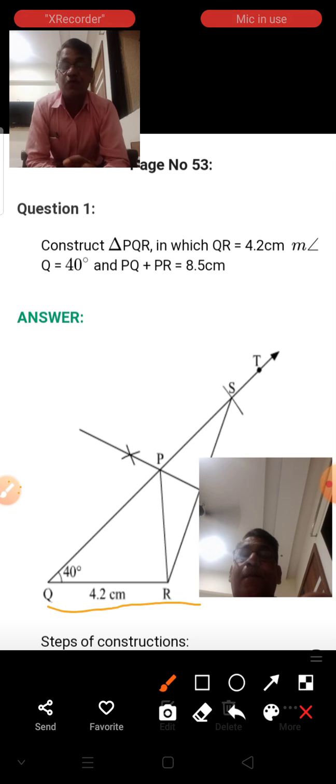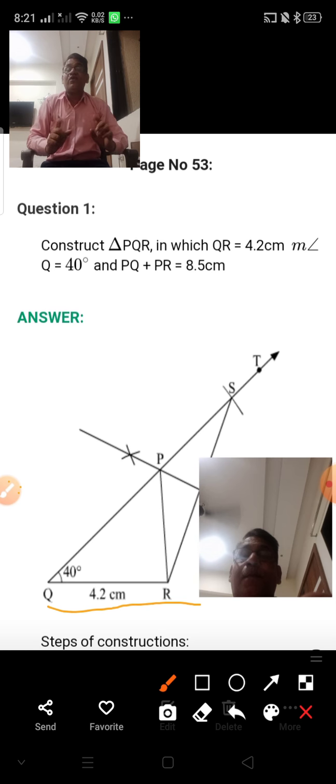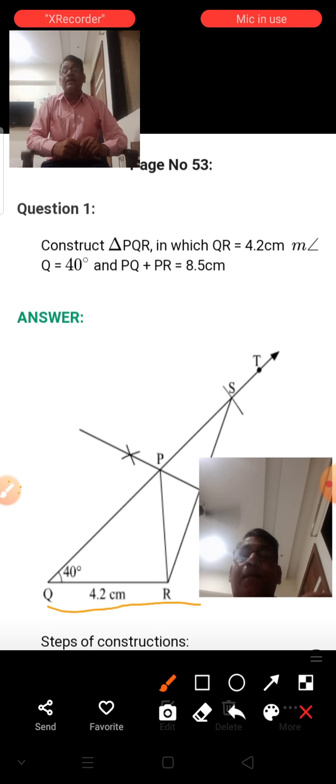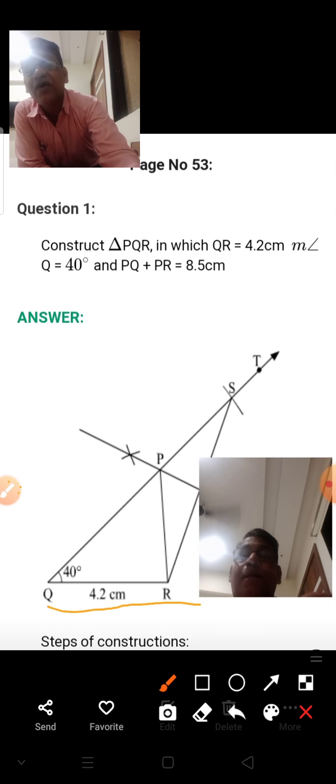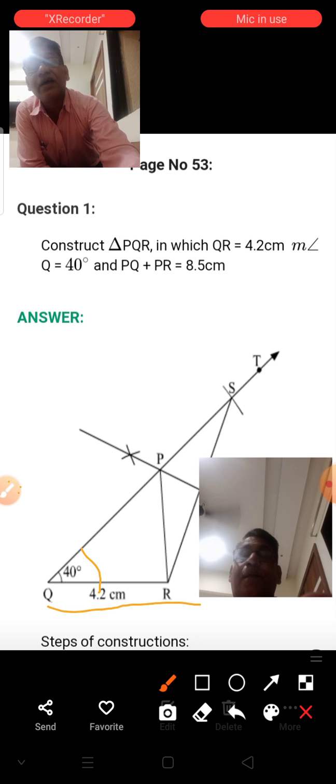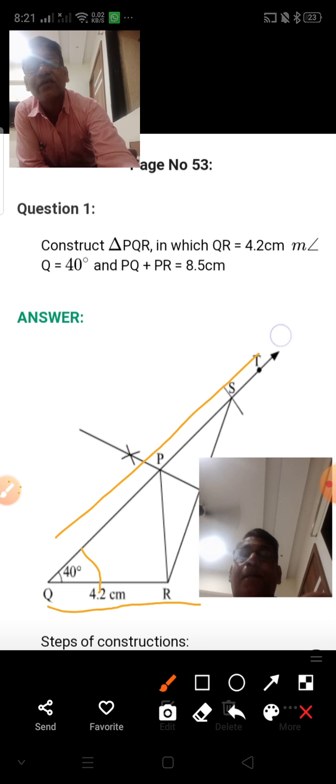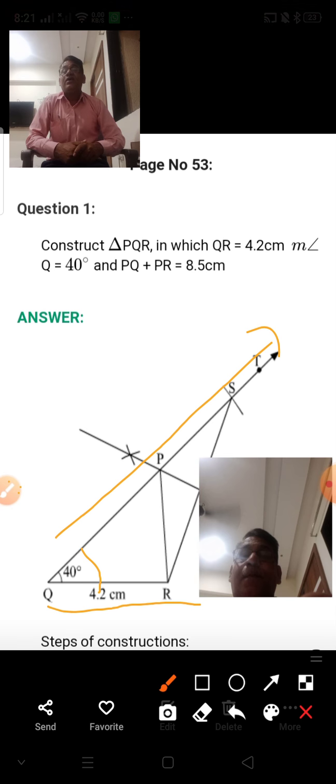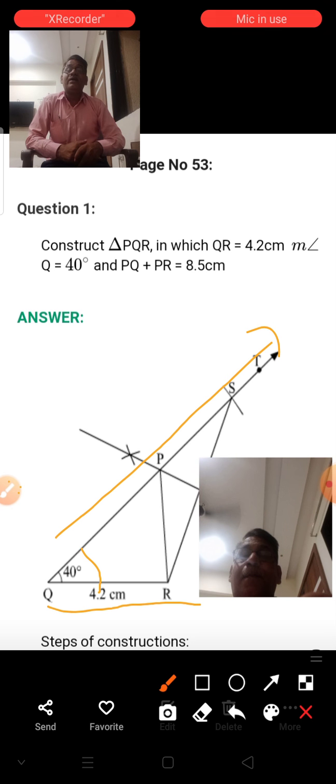First you have to draw the base QR 4.2, and then you have to make an angle Q of 40 degree. The angle Q is given 40 degree, so this angle you have to make 40 degree, and draw this ray QS right here. Now PQ plus PR is 8.5, means the other two sides are given there.